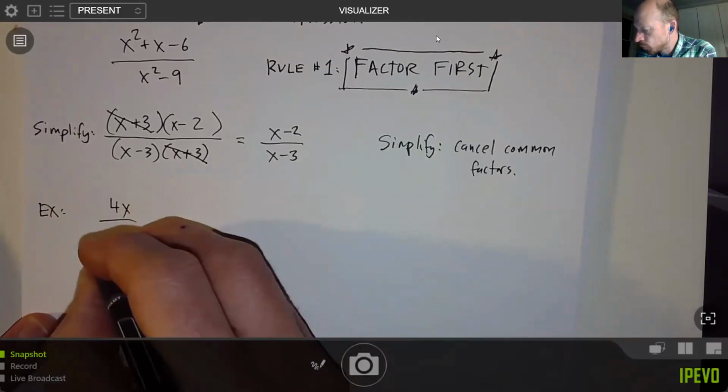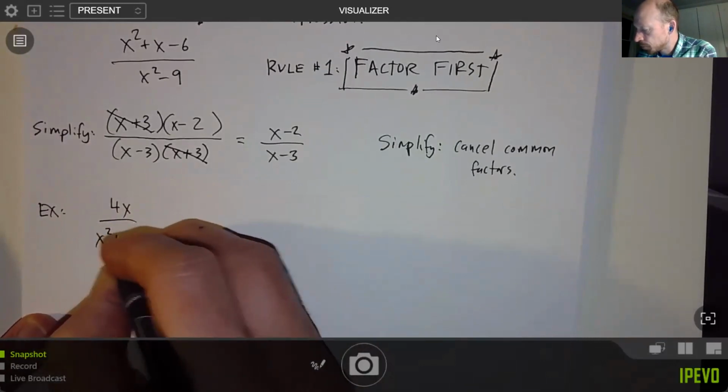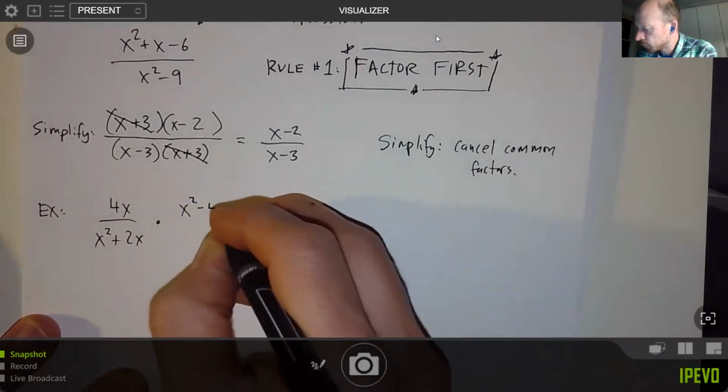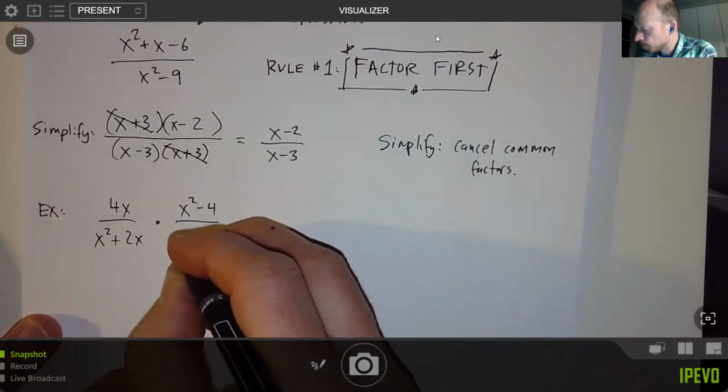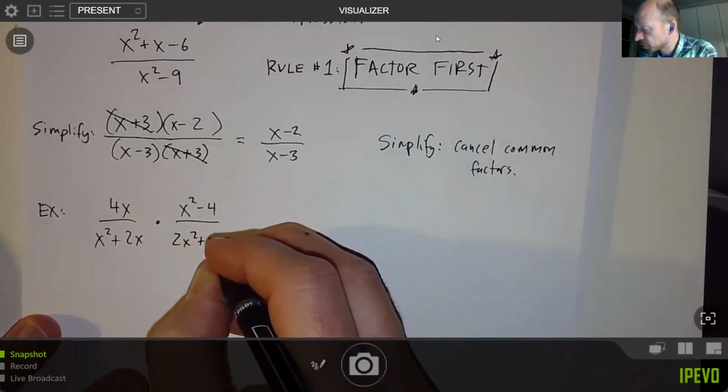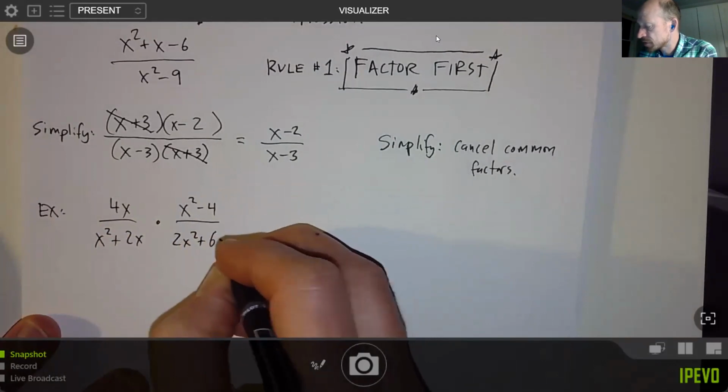4x over x squared plus 2x, times x squared minus 4 over 2x squared plus 6x.